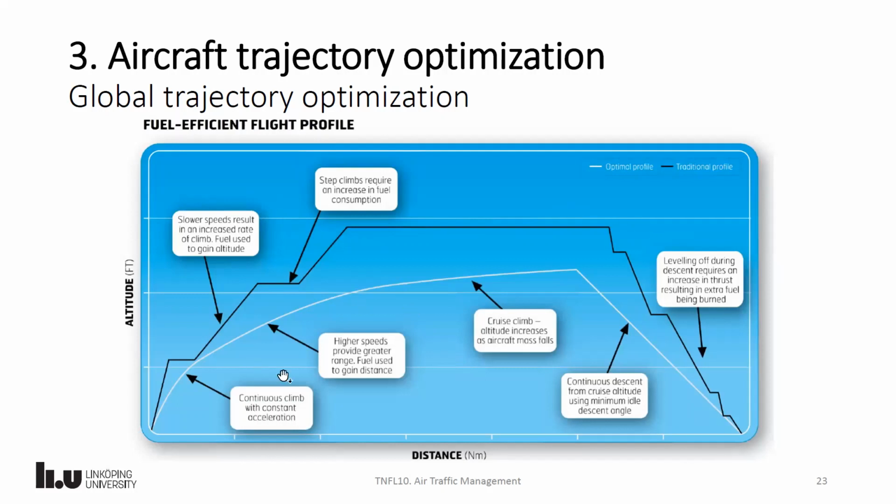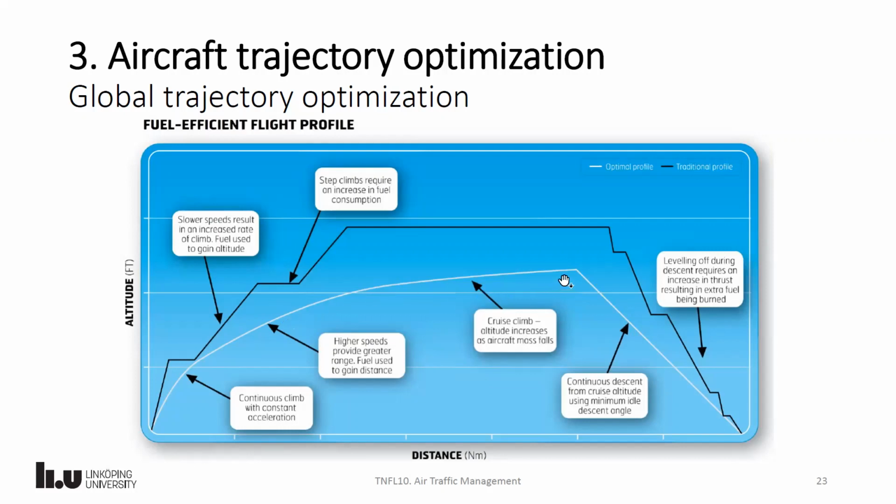On the other hand, we have the optimal profile. The optimal profile will look something like this. We have a continuous climb with constant acceleration. The fuel is used to gain distance as well as to climb. Then we have a smooth transition between climb and cruise. And in the cruise, we have a cruise climb, where the altitude increases as aircraft mass falls.